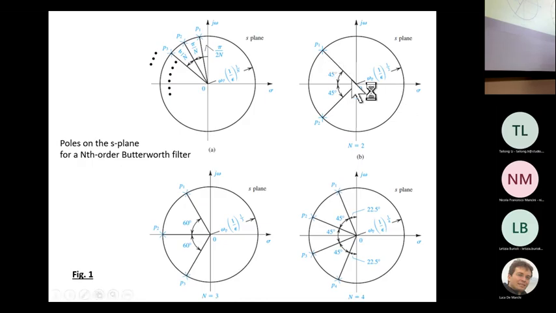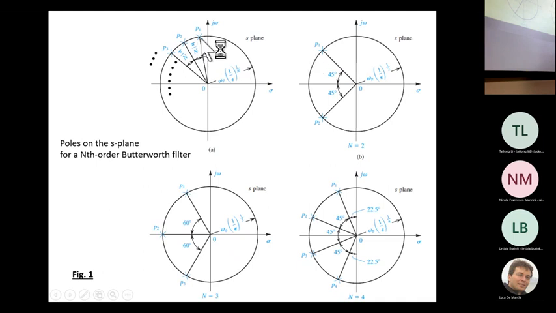Then the distance from the poles to the origin is omega sub p times 1 over epsilon to the 1/2, and the angular distance between pole 1 and the vertical axis is pi divided by 2n, so with n equal to 2, pi divided by 4.